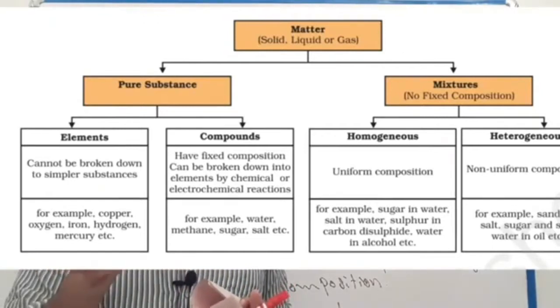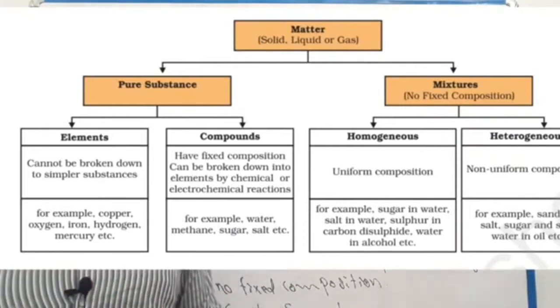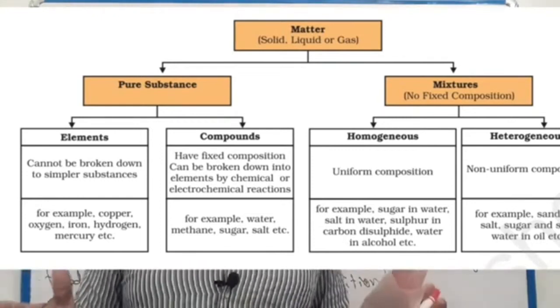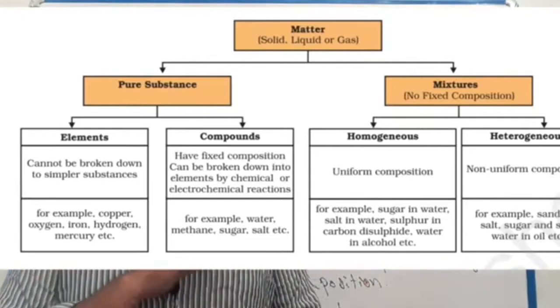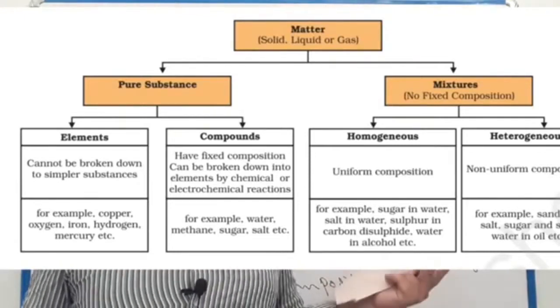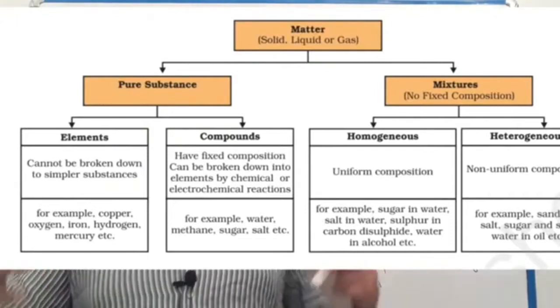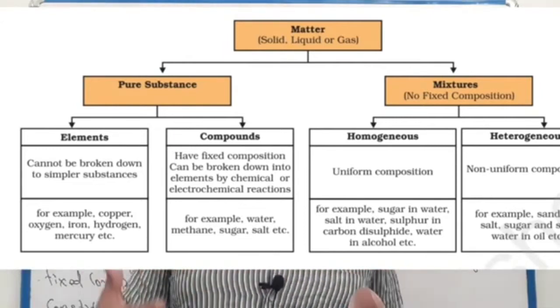You take one cylinder and just mix hydrogen and oxygen. There is no chemical bond between hydrogen and oxygen, just mixed. So you cannot say it is a compound, it is a mixture. If hydrogen and oxygen are chemically joined together, then we say it is a compound.